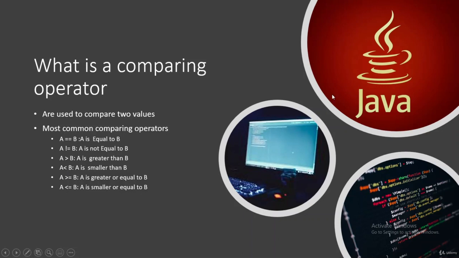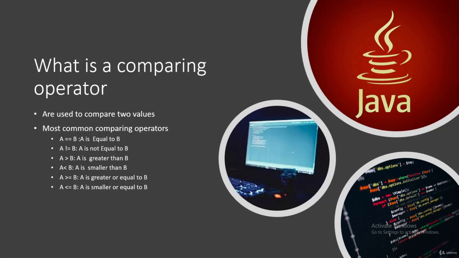Once again, it works with variables and numbers. The two last comparing operators will be the same signs as these with an equal sign. This one means that A is greater or equal to B, meaning that a certain variable or number is greater or equal to another variable or number.